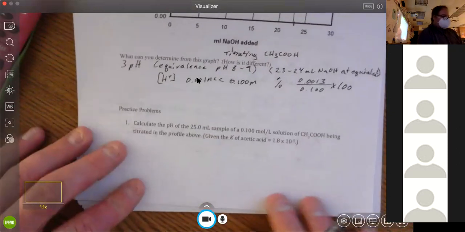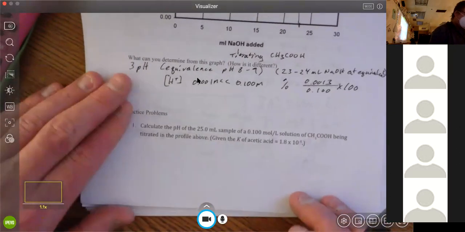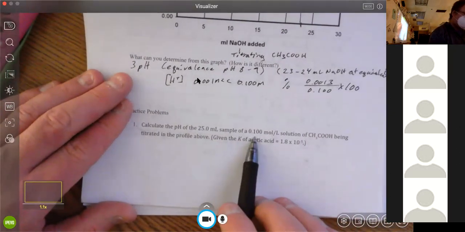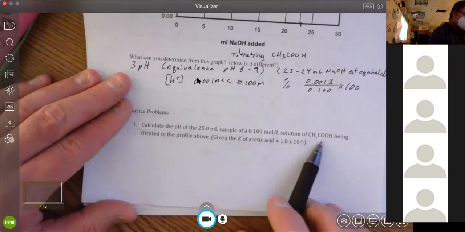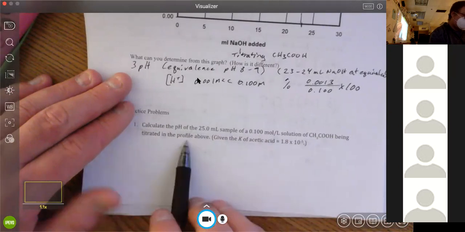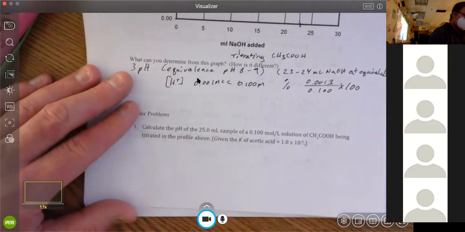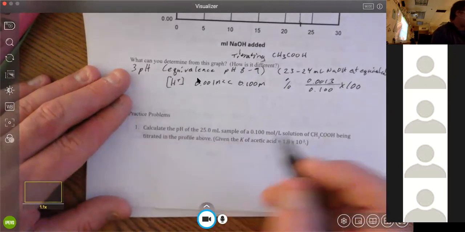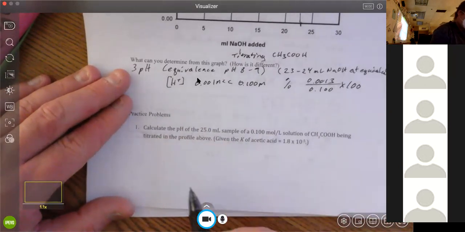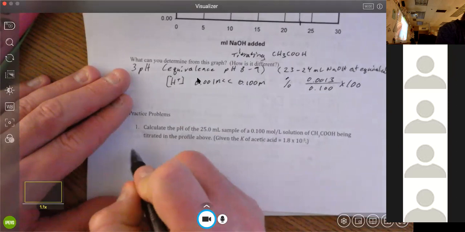All right, calculate the pH of a 25 milliliter sample of 0.100 moles per liter solution of CH3COOH being titrated in the above profile. So again, with this, we can use the MACA, but we could also use the ICE table.